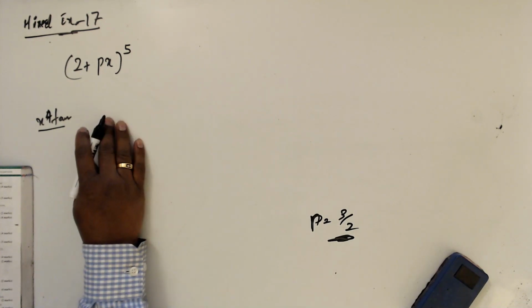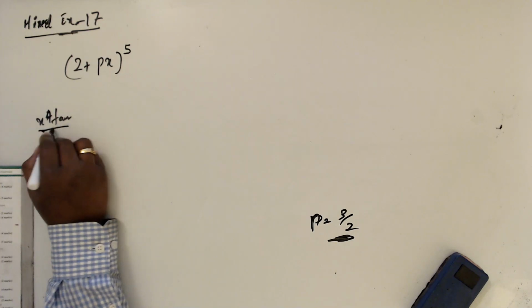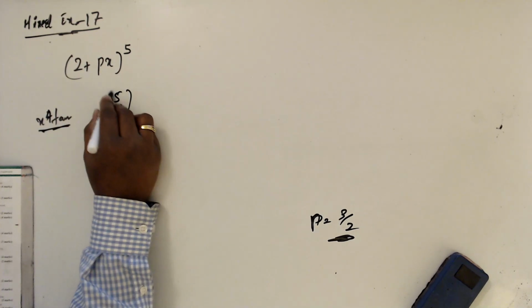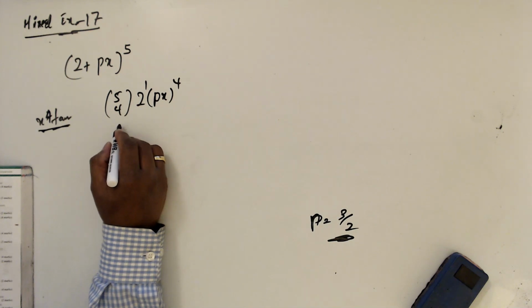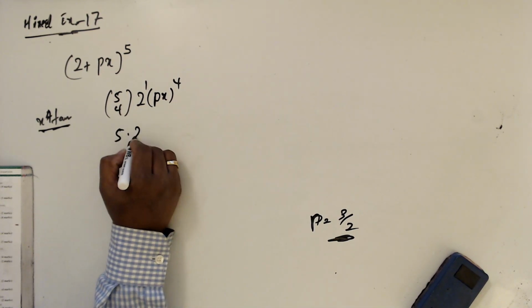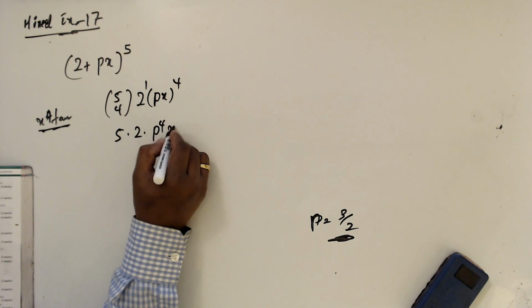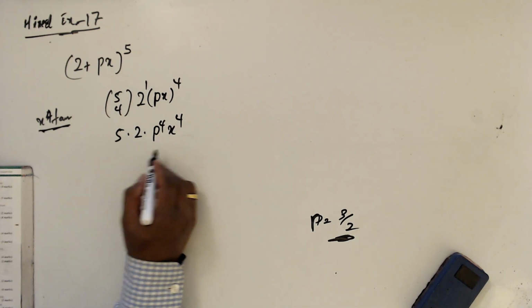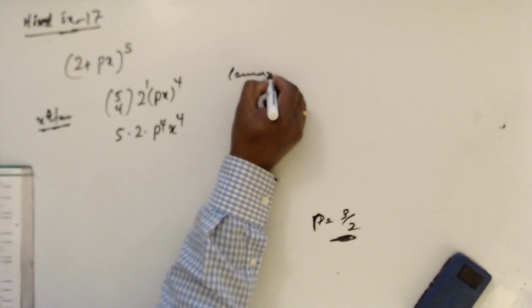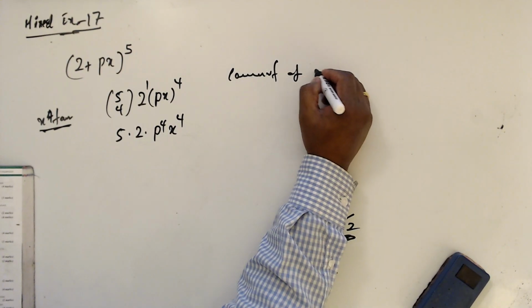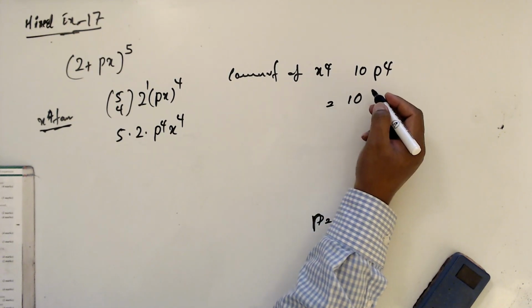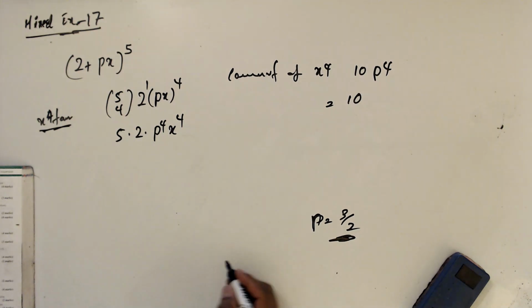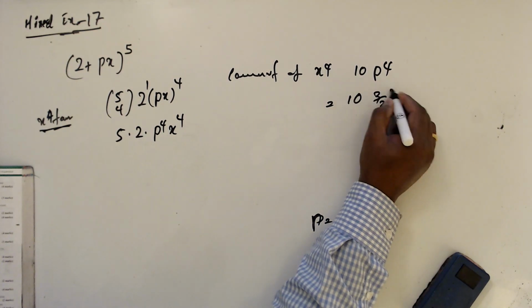Now we need the coefficient of the x^4 term. So we write the x^4 term: 5C4, 2 to the power 1, (px)^4. So 5C4 means 5, times 2, p^4, x^4. The coefficient of x^4 is 10p^4. P^4 means (3 over 2) to the power 4.